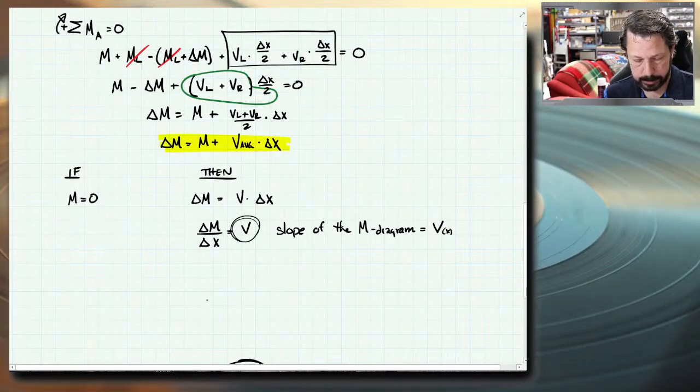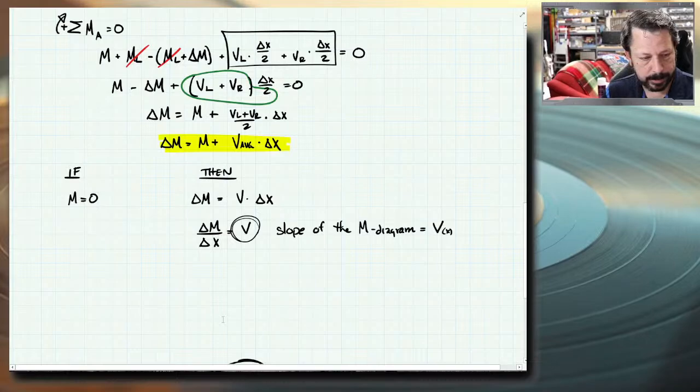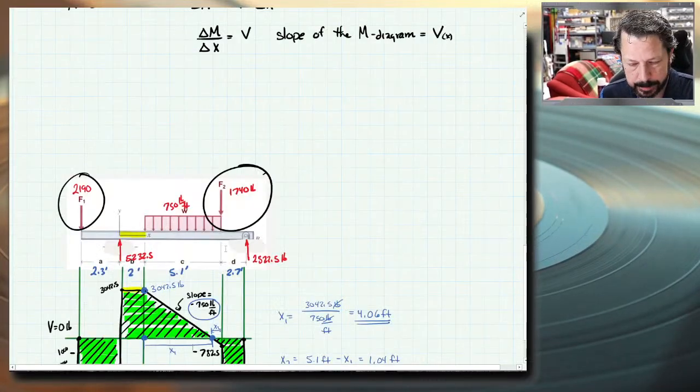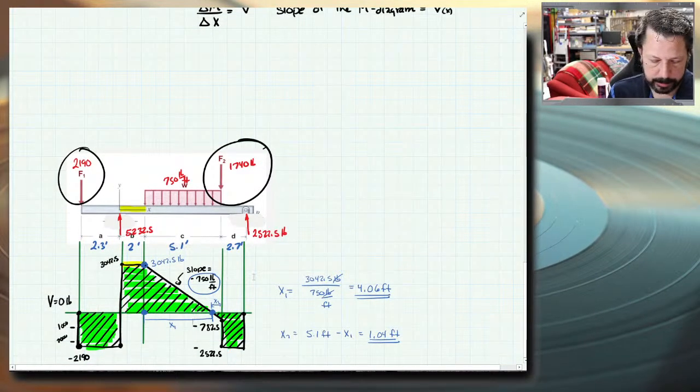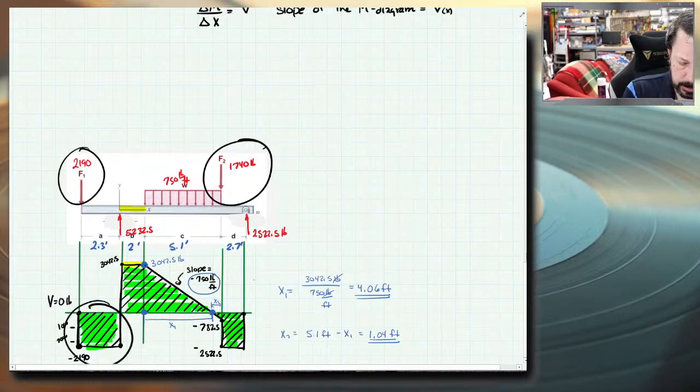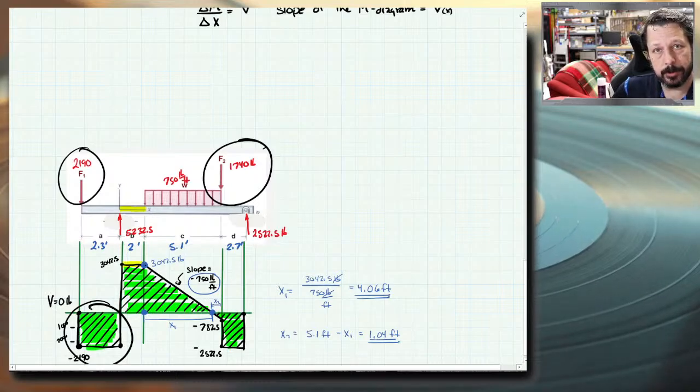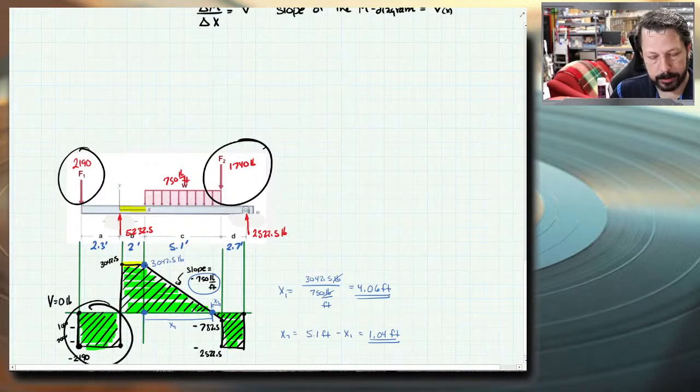And I can also tell that, well, in this section here, I have a negative constant shear. So that means that I have a negative slope, but it's constant. So just this straight line, but it's pointing downwards in my moment diagram in that interval of the beam.